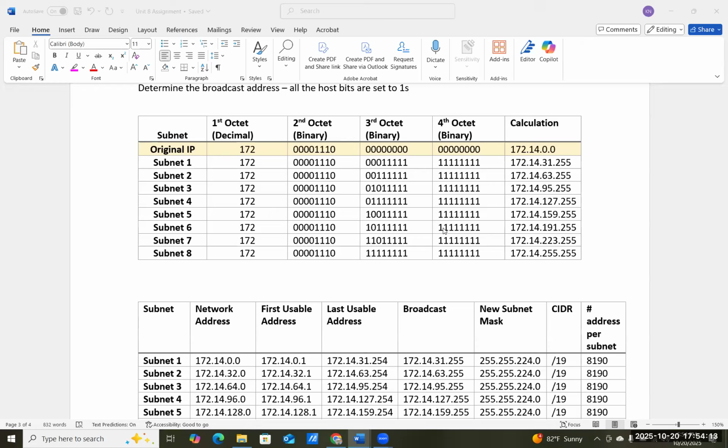The last usable, you plug that in, 172.14.31.254. The broadcast is 31.255. And your subnet mask is this. Because it's a CIDR /19, you have 8,190 host IP addresses per subnet.